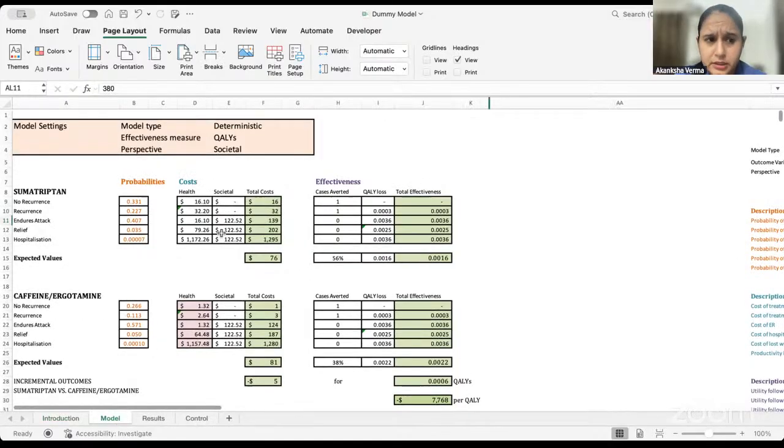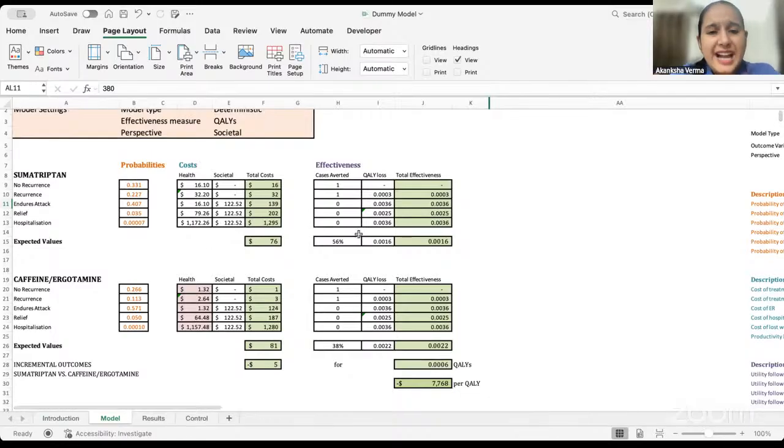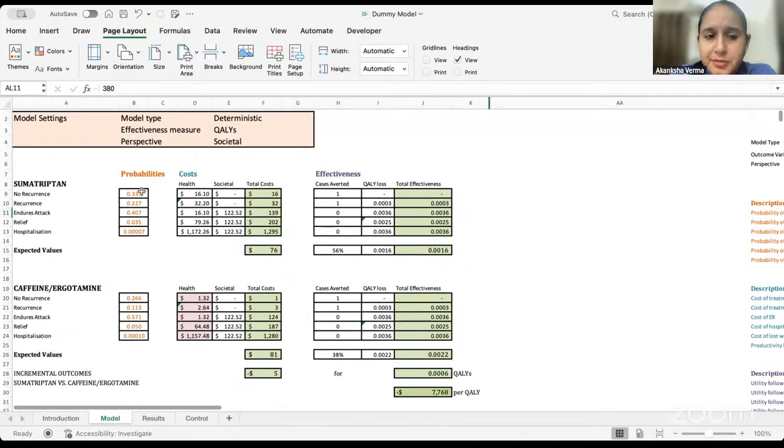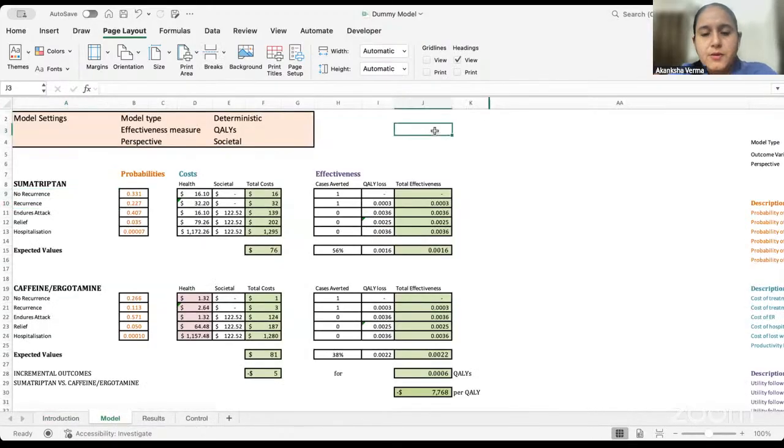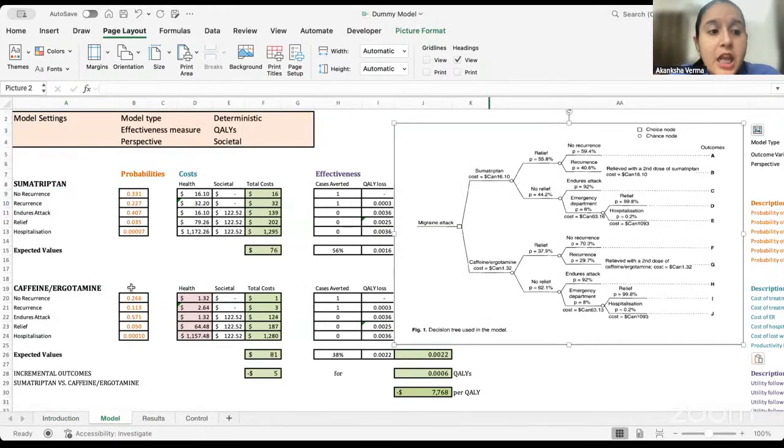Now let's go to the actual model. From the literature, we had probabilities for both our arms, sumatriptan and caffeine.